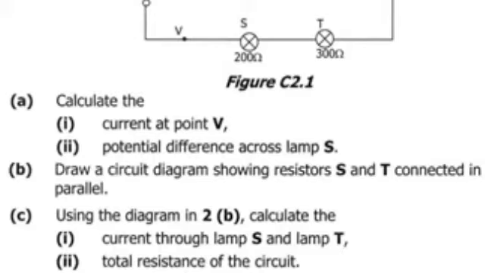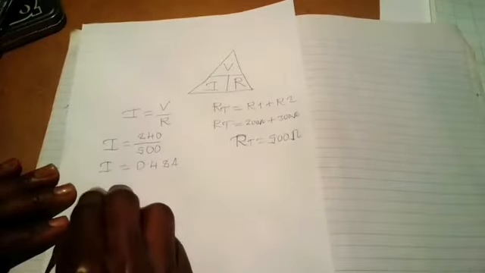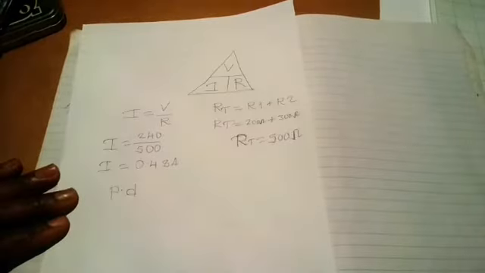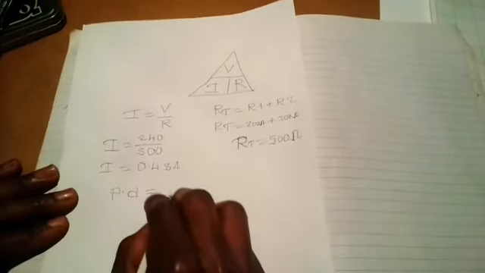Whenever they are just asking you to calculate the potential difference, just know they want you to calculate the voltage at lamp S. So I'm going to say PD, which is potential difference, it is the same as voltage.